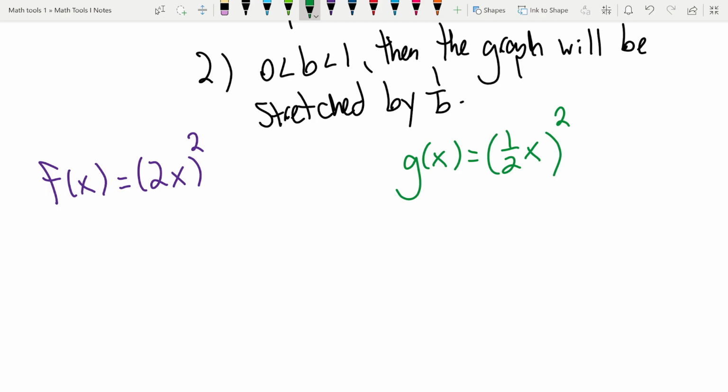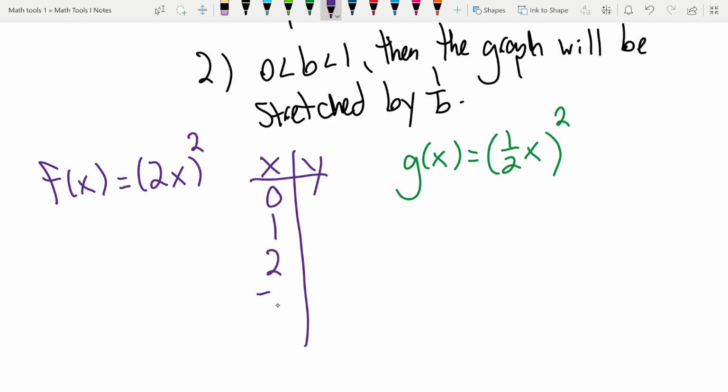So we can see that a horizontal compression, this would be by the 2 term here, is going to correspond to a vertical stretch of 4. Okay, and then same thing on the 1/2 case, that's going to be 1/4 x squared. So that's going to be like a vertical compression by 1/4. So let's just go ahead and look at what some points would be here.